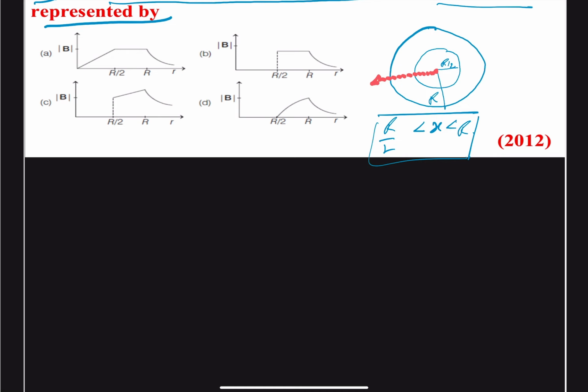This is our x. So we can define this x for three parts. First, the x will be less than R by 2, that is the point x is right inside the cylinder. Second, it is greater than R by 2 but less than R, so it will be inside this hollow part, in the cylindrical part. And then last will be x greater than R, that is it is outside the entire cylinder or conductor. Okay.